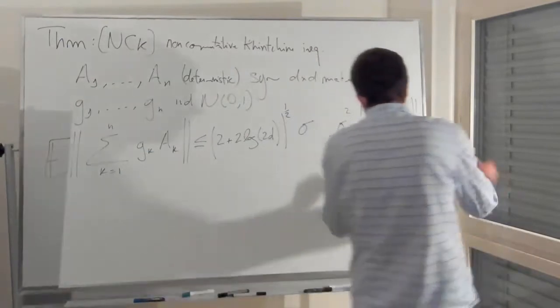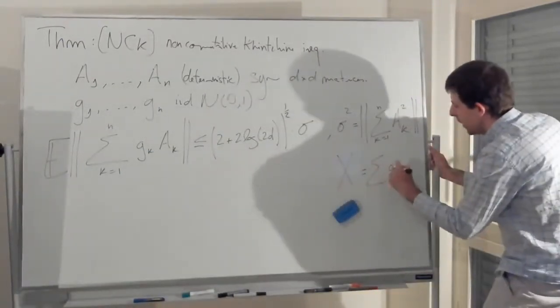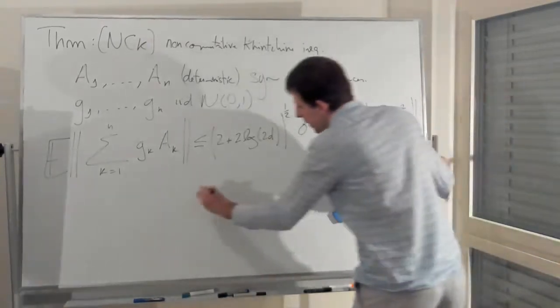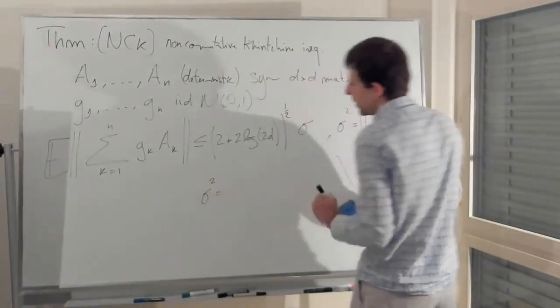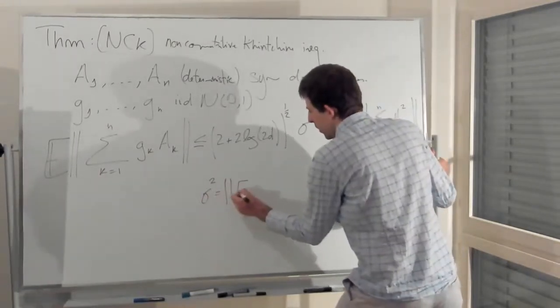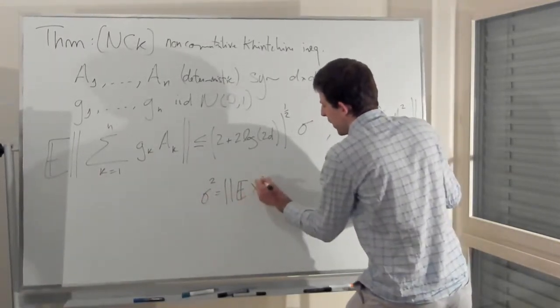Again, let me call this matrix X. This quantity sigma squared is the spectral norm of the expected value of X squared.